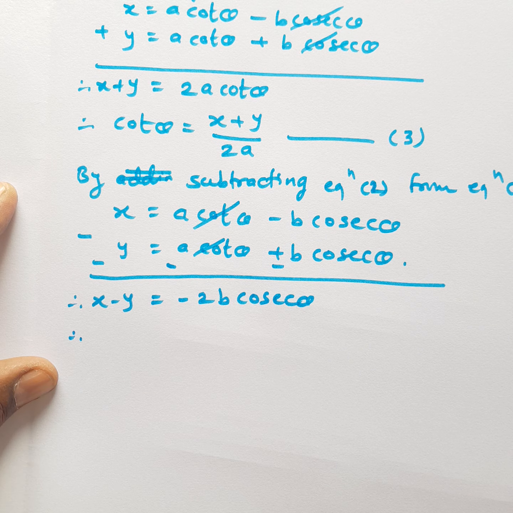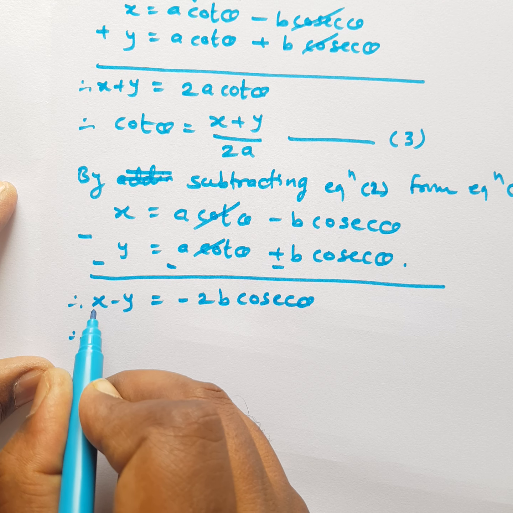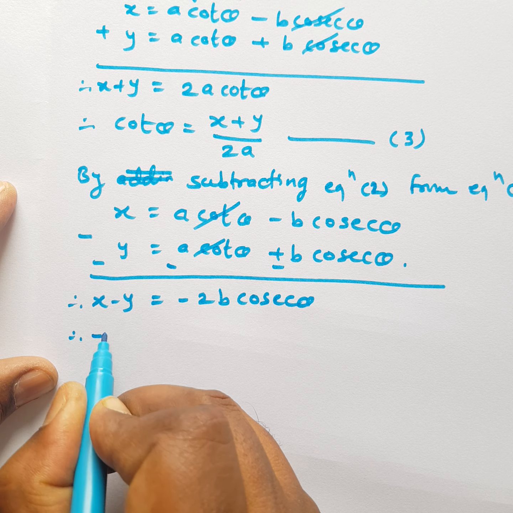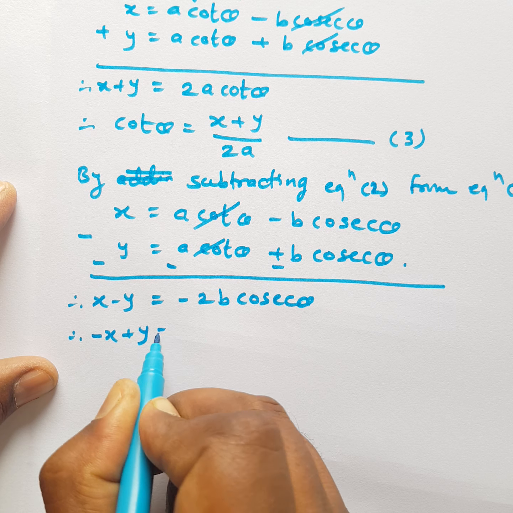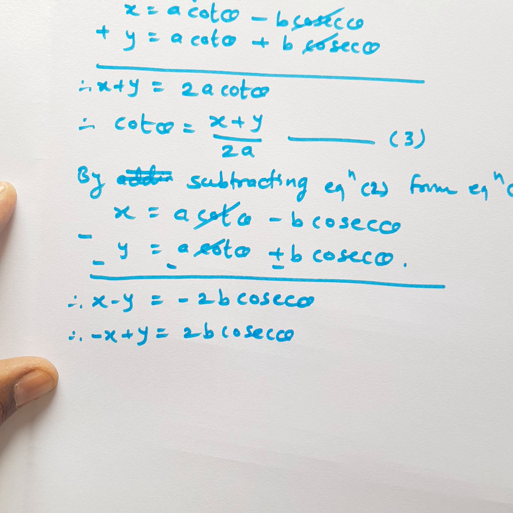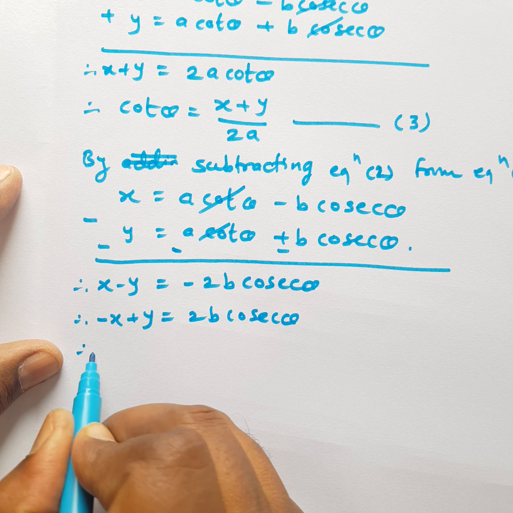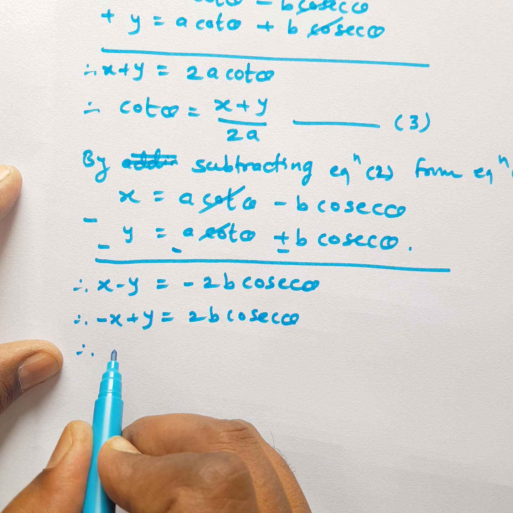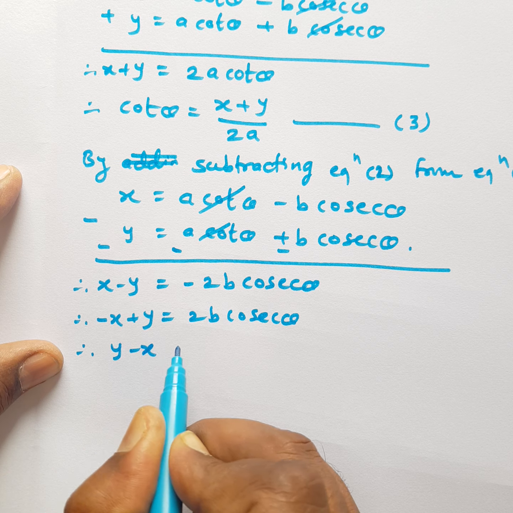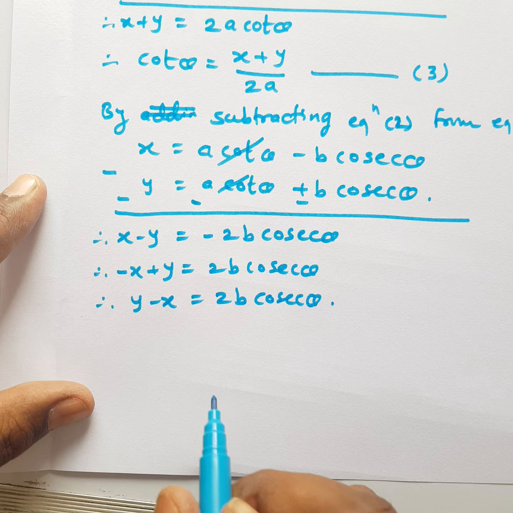To change this sign, we change the signs of all terms, then it will be minus x plus y is equal to 2b cosec theta, means y minus x is equal to 2b cosec theta.